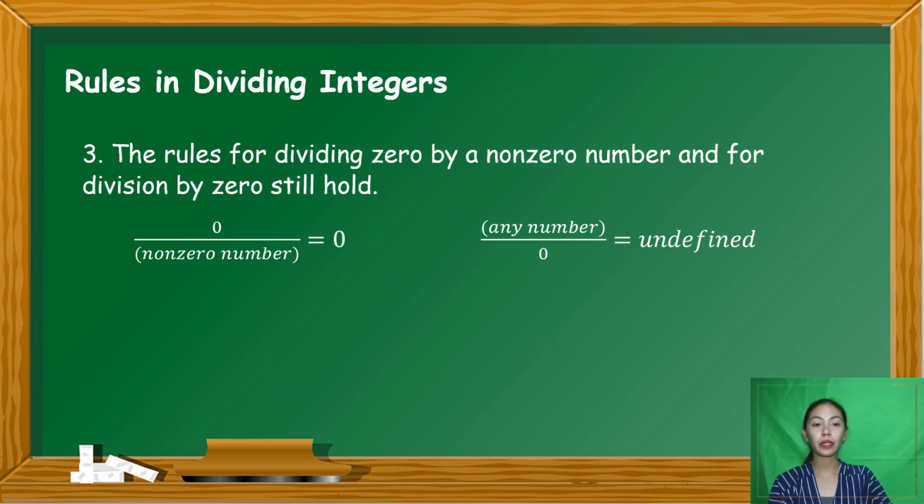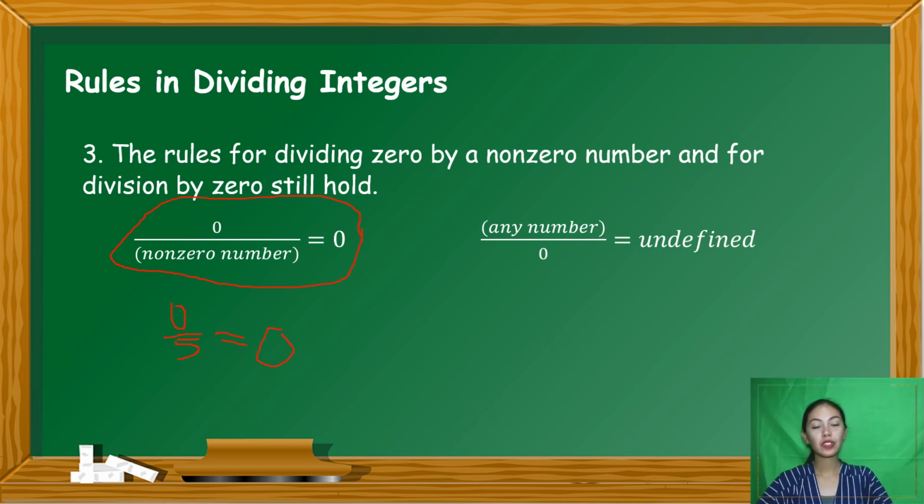The third rule: the rules for dividing 0 by a non-zero number and for division by 0 still hold. We can still divide 0, but it depends. If 0 is divided by a non-zero number, the answer is always 0, for example 0 divided by 5 is equal to 0.